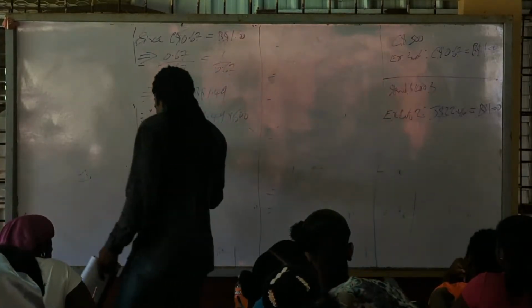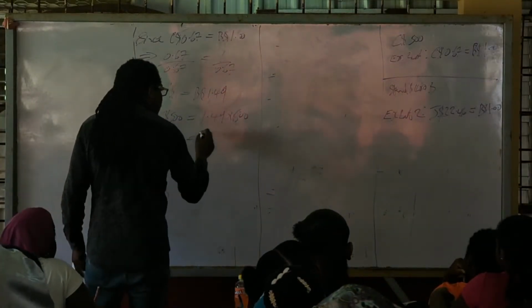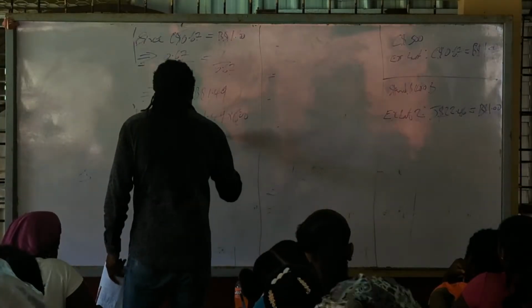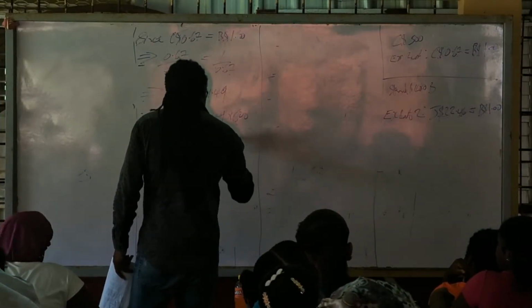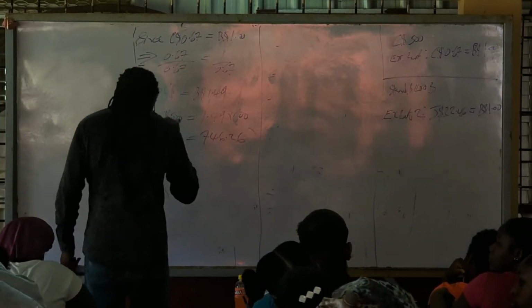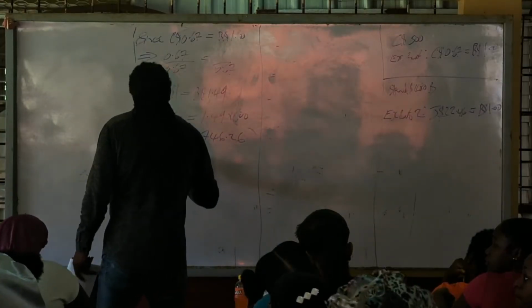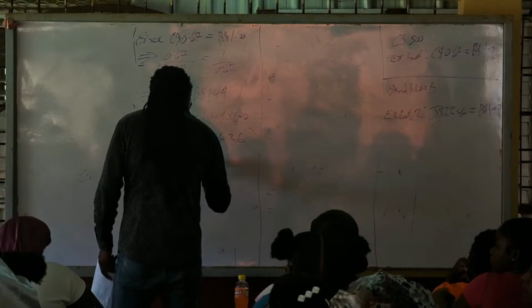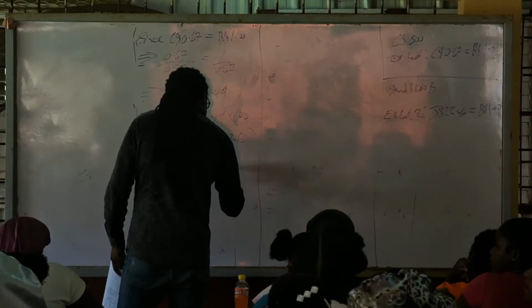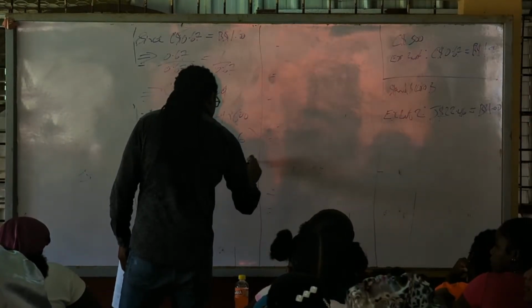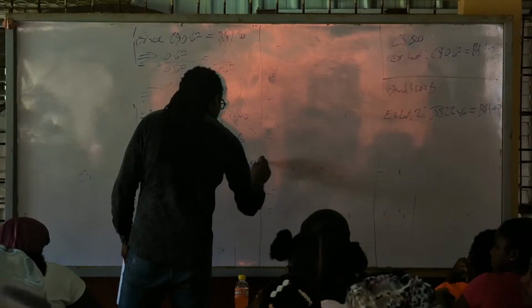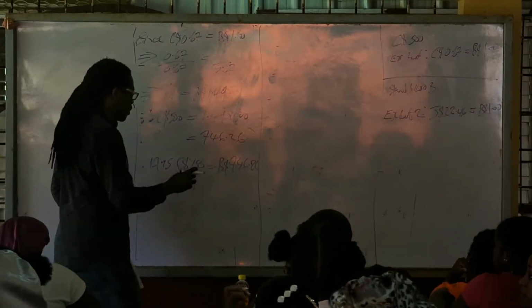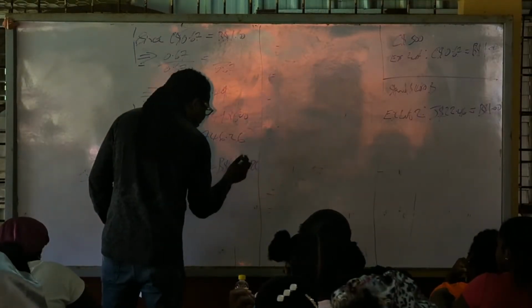So that means, what is that? 746.26. Answer: C $500 equal to B $746.2. 745?